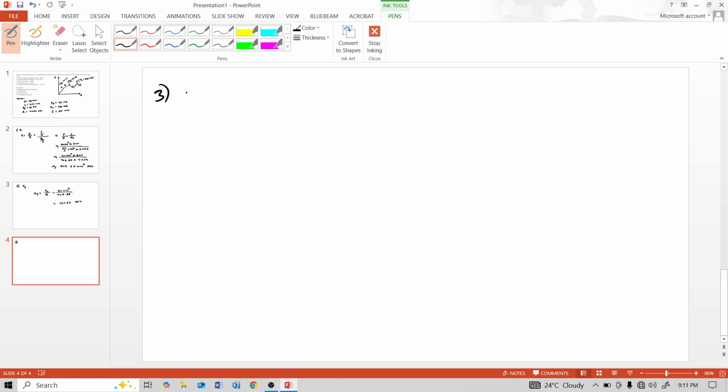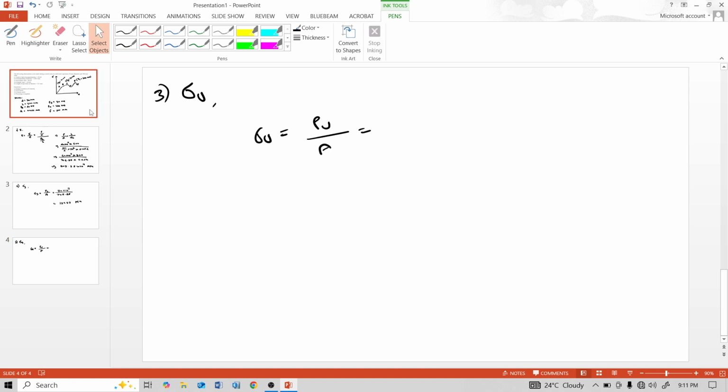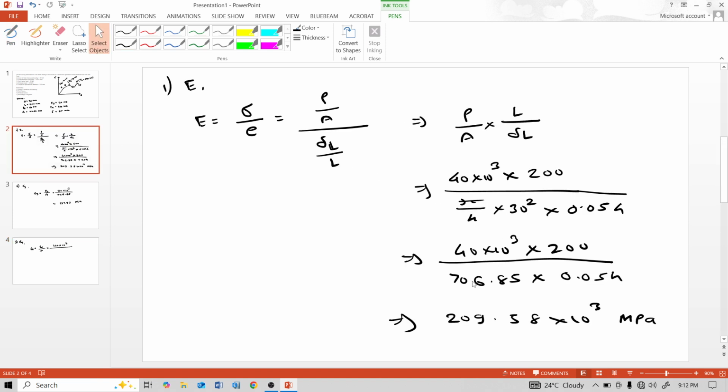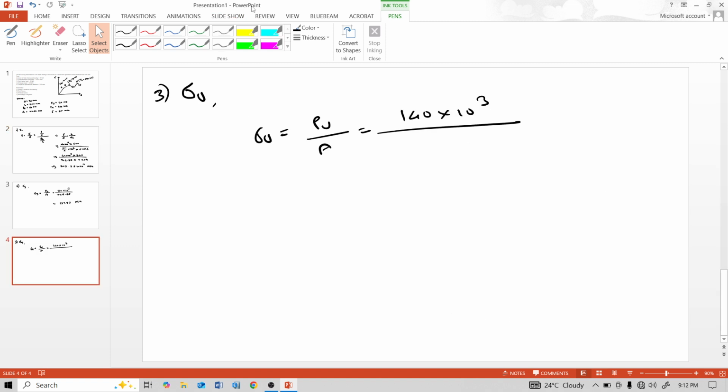Sigma u is equal to ultimate load upon area: 140 into 10 raised to 3 Newton upon the area of that 30 mm diameter bar, 706.85, which gives 198.06 MPa.